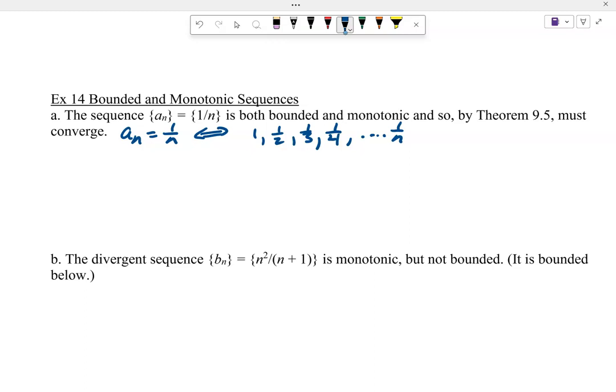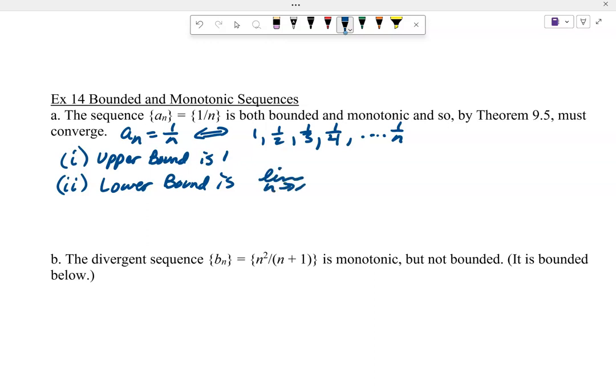See how it's decreasing in value the whole time? If you're making a few notes on this, the upper bound is 1. That's the highest value it has, right? And then it just goes down, down, down until it approaches your lower bound. What's your lower bound here? 0, yeah. This is going to 0, right? So the lower bound is 0.